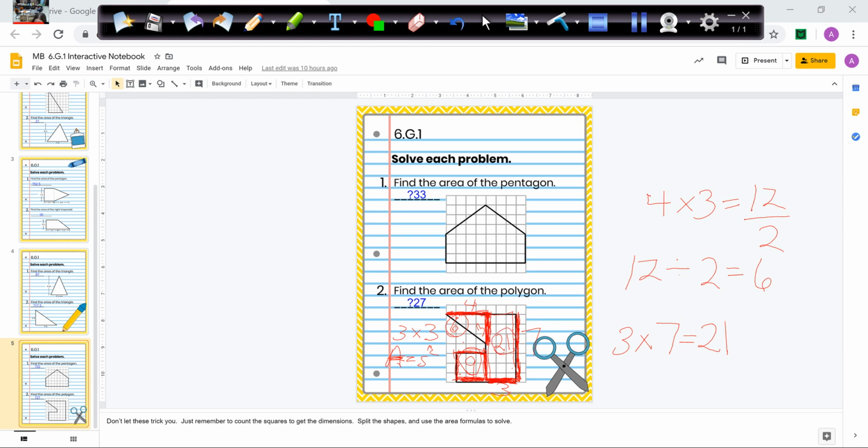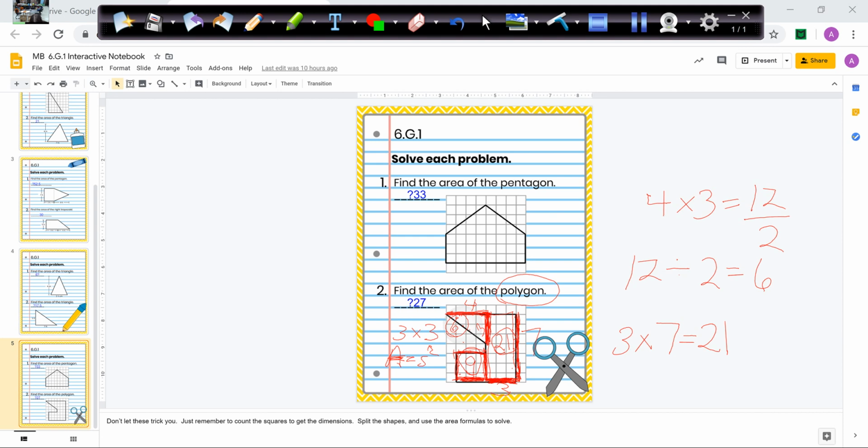I know this sounds like a lot, and that's why you have to take your time and really think about it. So the area of the triangle was 6, the area of the square is 9, and the area of the rectangle is 21. We want to know the area of the whole shape, the whole polygon. So we have to put these together.